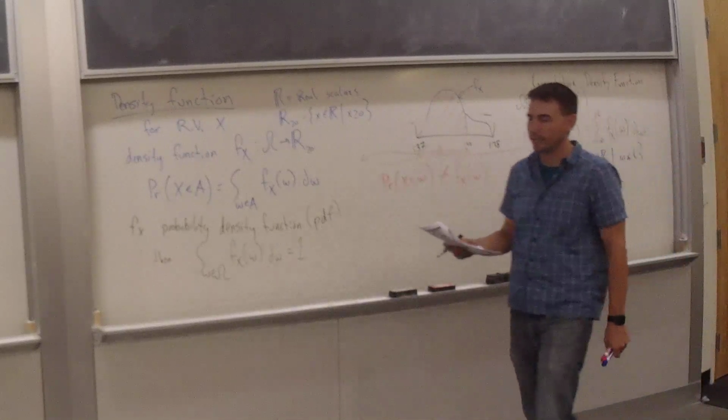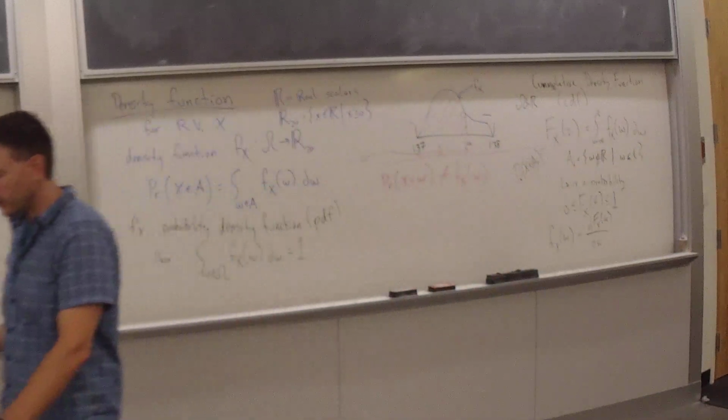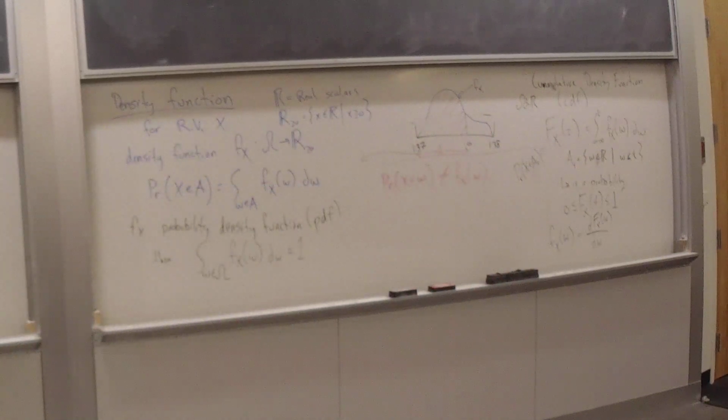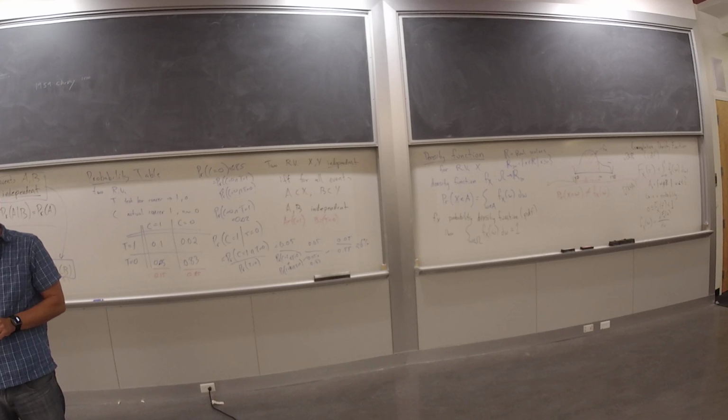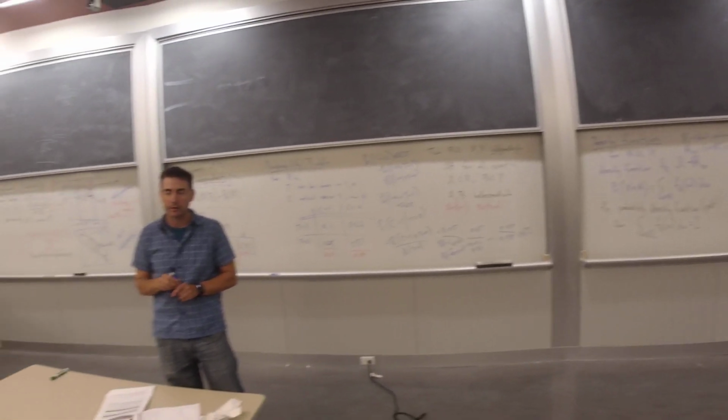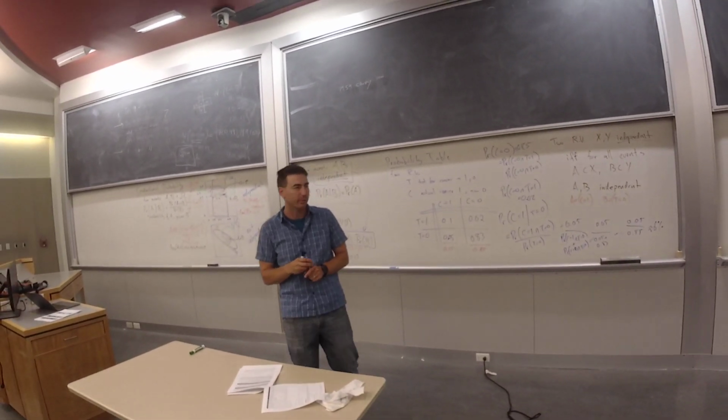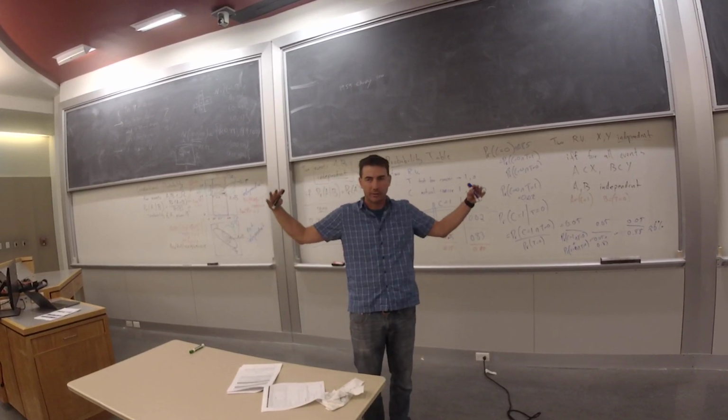So this is the point. There's an example which we'll probably go through on Monday. The most common PDF we'll come across is going to be the Gaussian random variable, and it's this smooth bump that has an integral of 1.